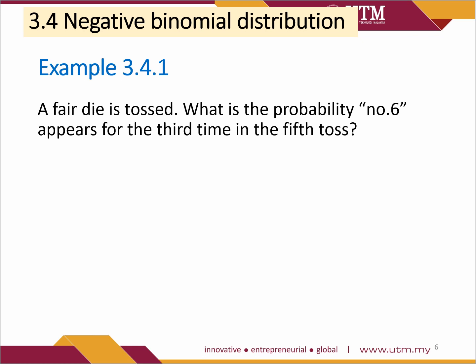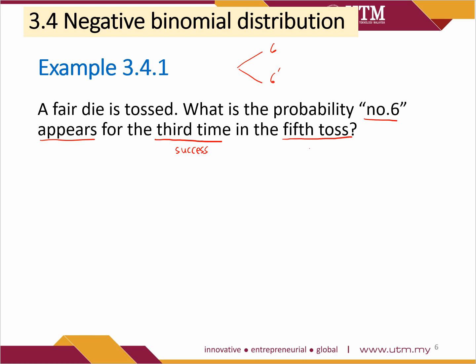We have to find the probability of number 6 appearing, meaning that for this experiment there are two outcomes: either you get 6 or not 6. We want to find the probability of getting 6 for the third time, so this would be our number of successes. How many trials? The trials would be the fifth toss.